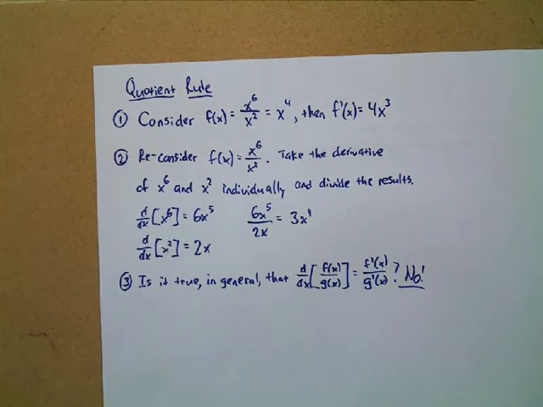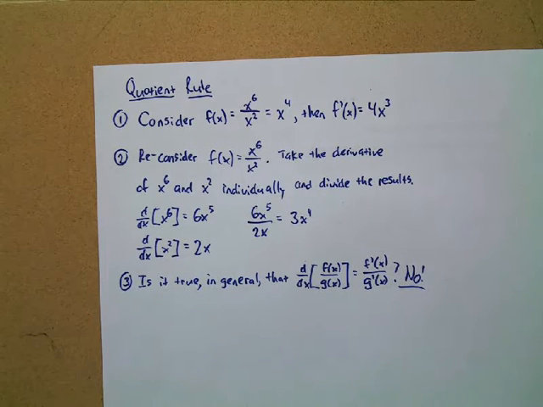Again, if it's addition, so if it's f of x plus g of x, then yes, the derivative of f of x plus g of x is equal to just f prime plus g prime, right? F plus g, the derivative of that is just f prime plus g prime. If it's subtraction, yes, it's still true. F minus g, the derivative of that is still f prime minus g prime.